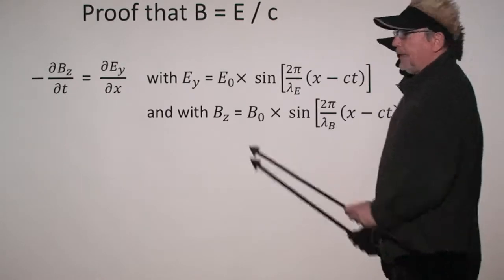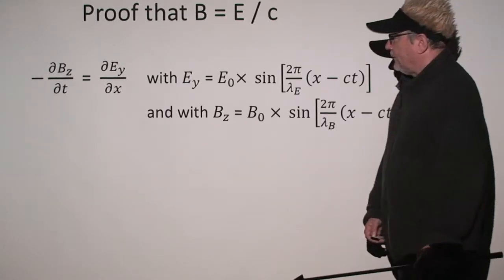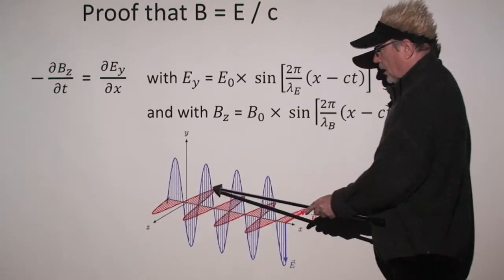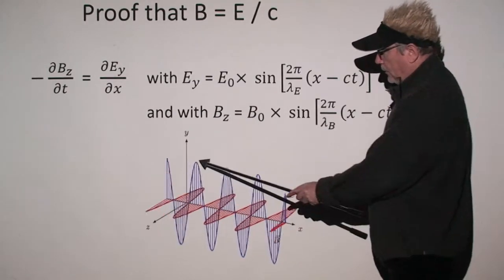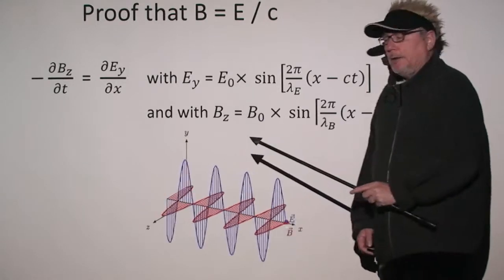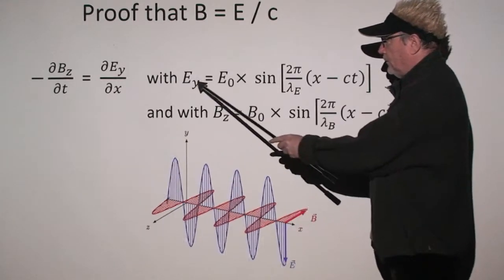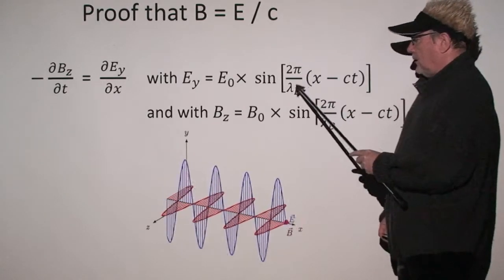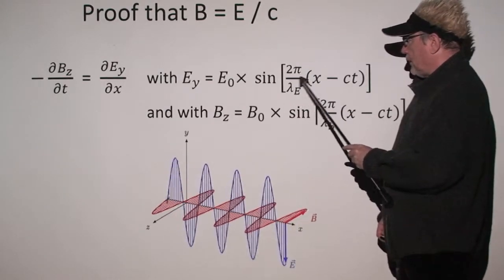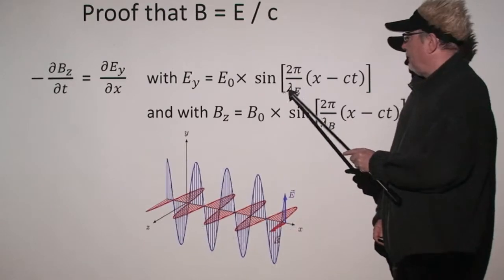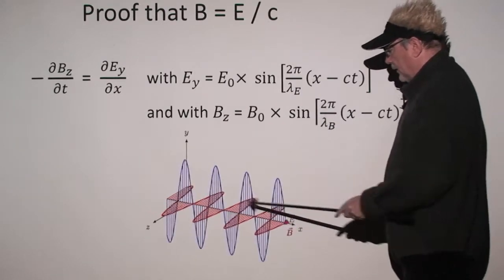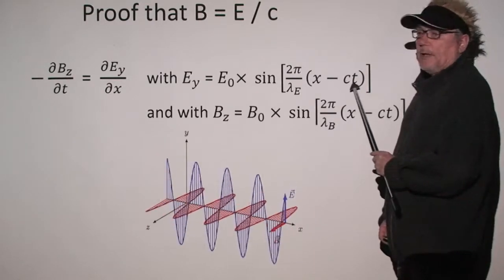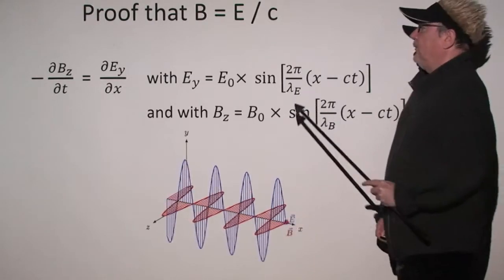Now we have to calculate Ey and Bz. We have to remember that Ey is a sine wave whose amplitude is E naught. So the function is E naught times the sine of 2 pi over the wavelength, and since we're moving on the x-axis at velocity c over time, this is the formula we use.